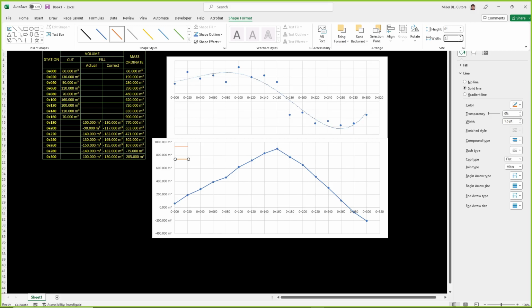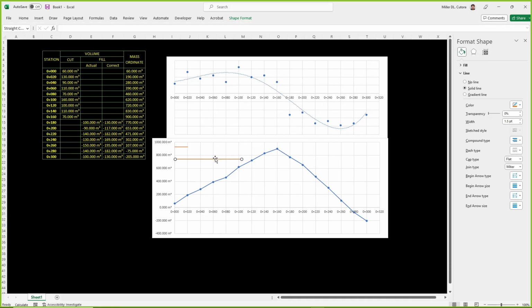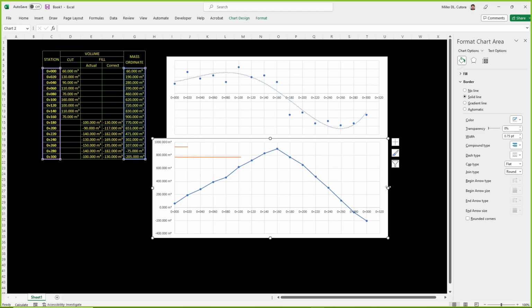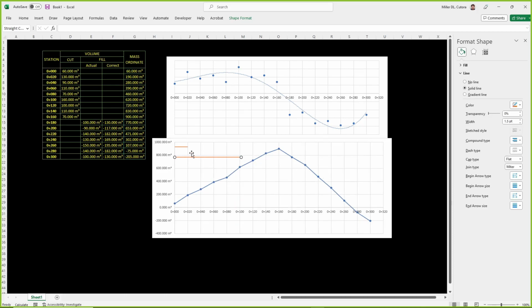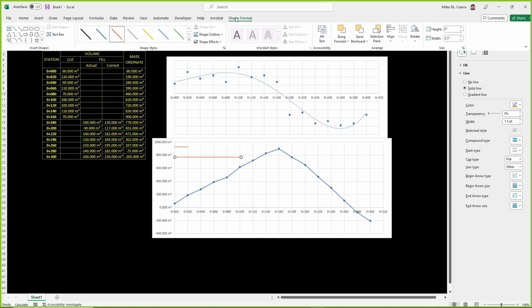So, this would be 0.5 for 100. So, let's adjust this. It has not matched yet. Okay, next.